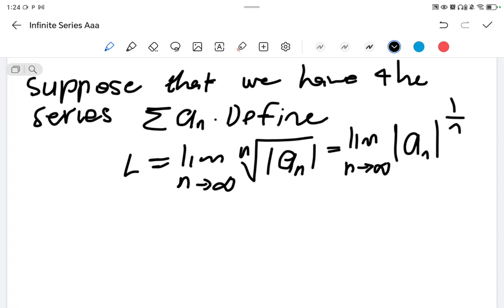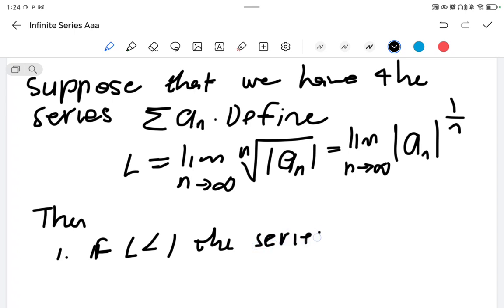Now, if we have this, the first thing we check is whether L is less than 1. If L is less than 1, then the series is absolutely convergent.